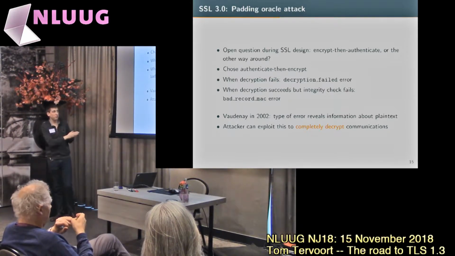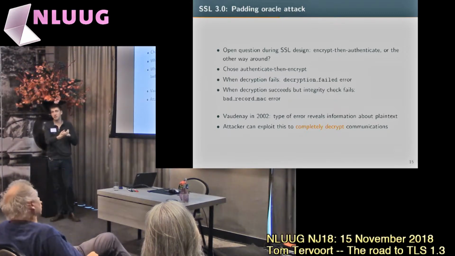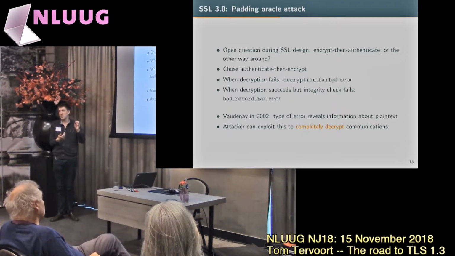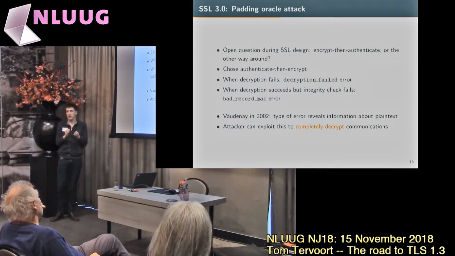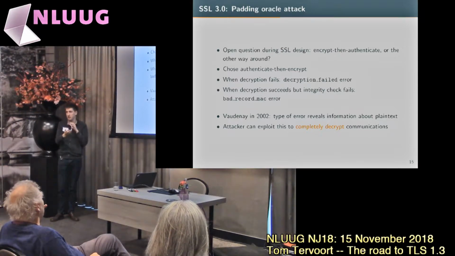Based on the type of error message, it reveals a little bit of information, equivalent to one single bit, about the original plaintext. So by selectively changing messages and then looking at what kind of error you would get back, you could bit by bit slowly decrypt all communications.